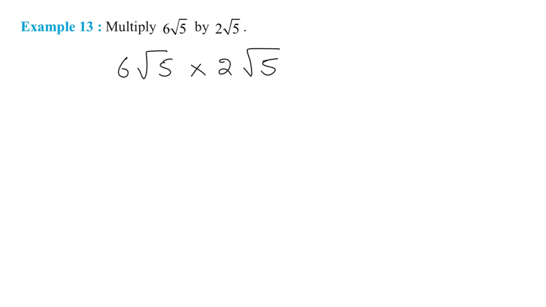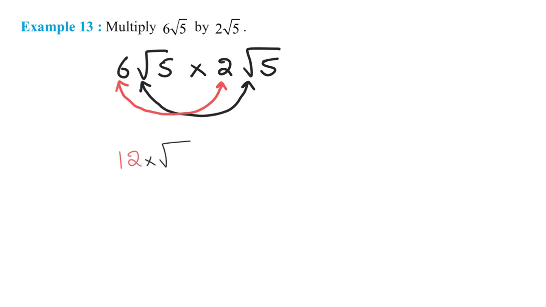Now, whenever you are multiplying two irrational numbers, you can multiply them if the radicals are the same, and you can multiply the numbers inside them also. So, let's multiply. 6 times 2 is 12, times root 5 times root 5, which is root 25.